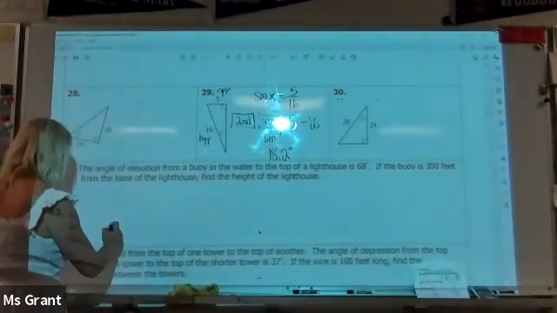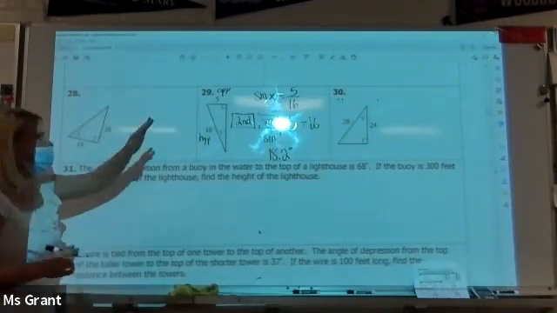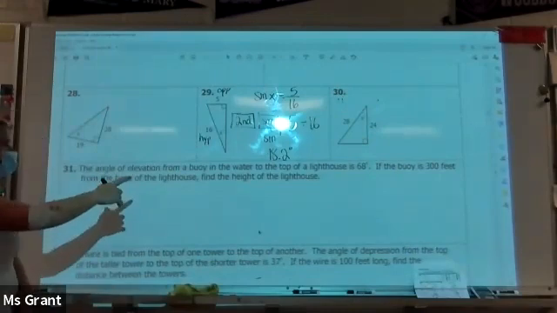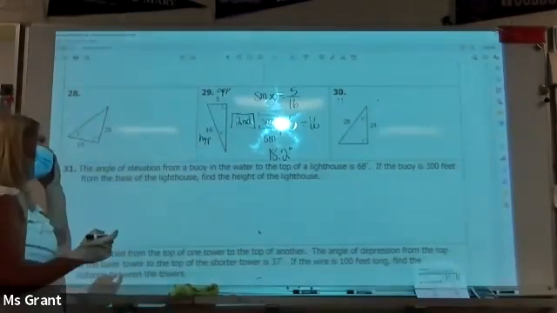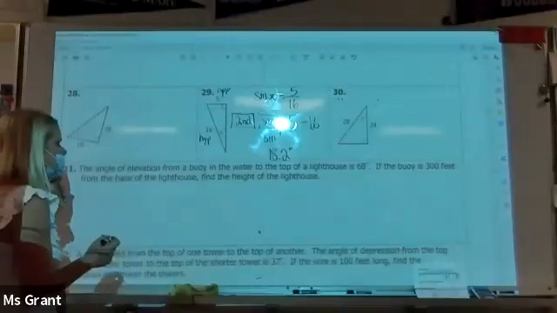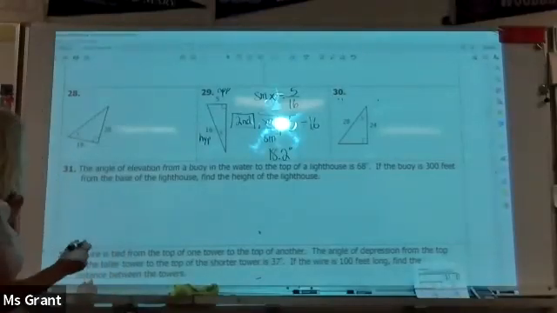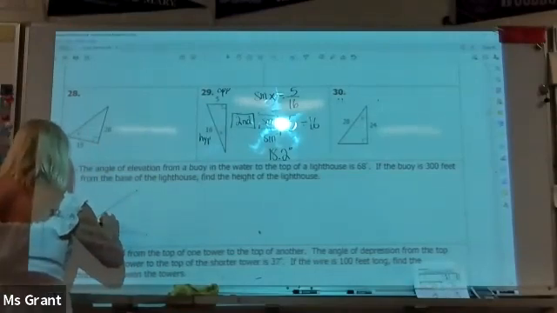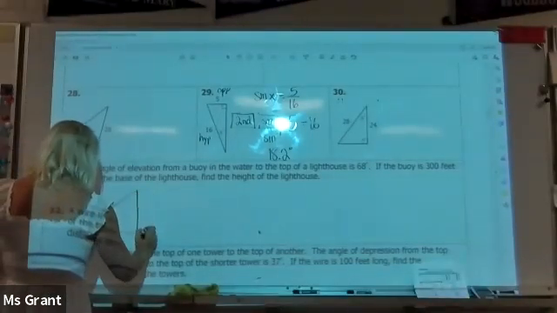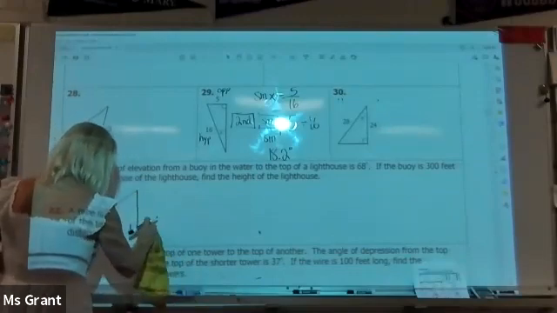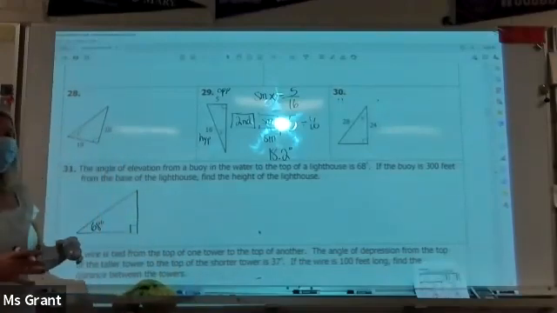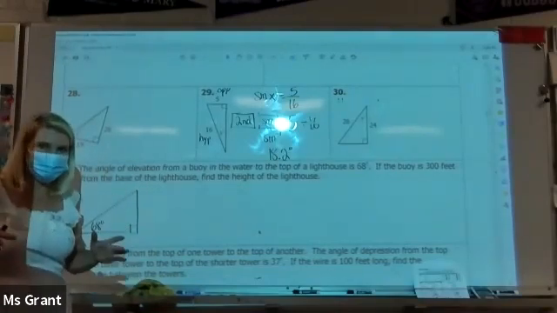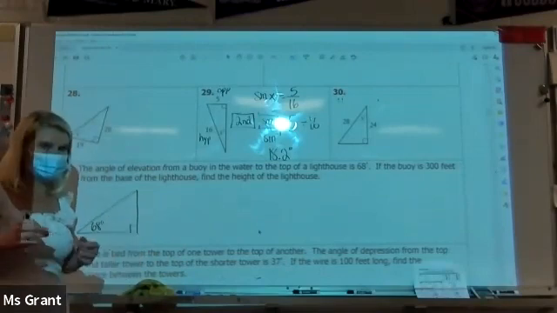All right. The angle of elevation, that's me looking up at something. From a buoy in the water to the top of a lighthouse is 68 degrees. So I'm gonna do a picture. I don't know if you got this, but sine, cosine, and tangent are always in geometry right triangles.